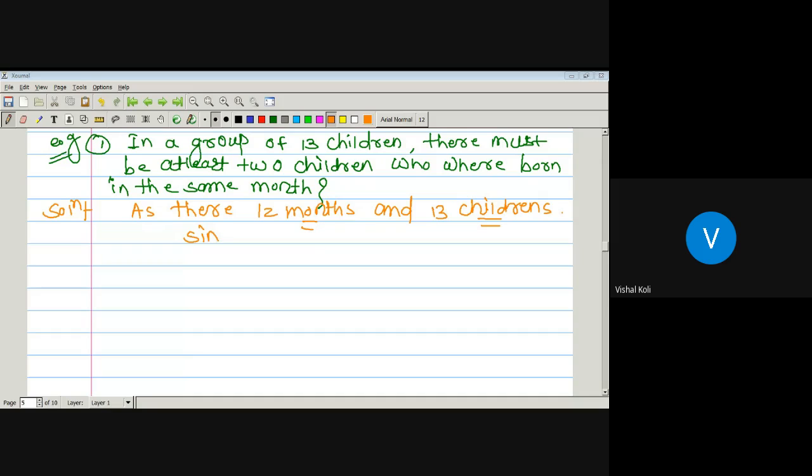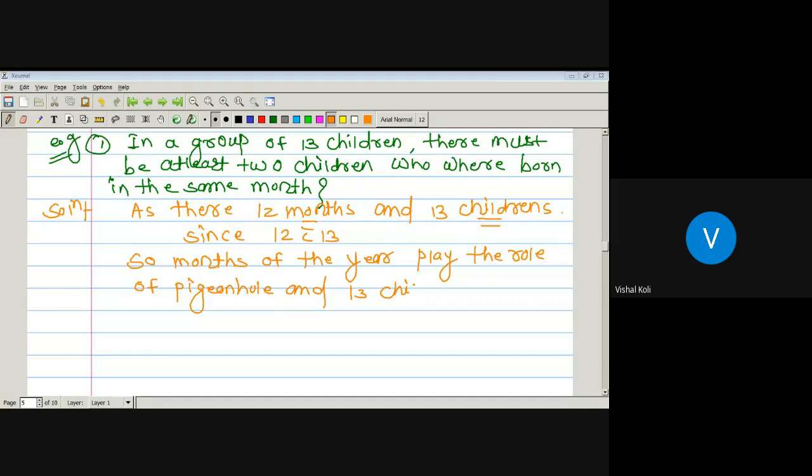Since 12 is less than 13, the months of the year play the role of pigeonholes and the 13 children play the role of pigeons.